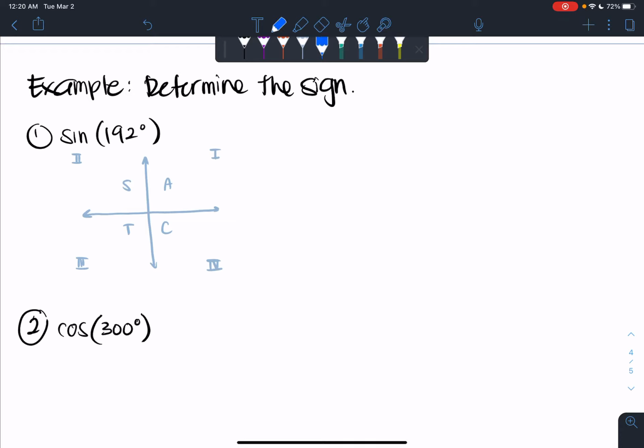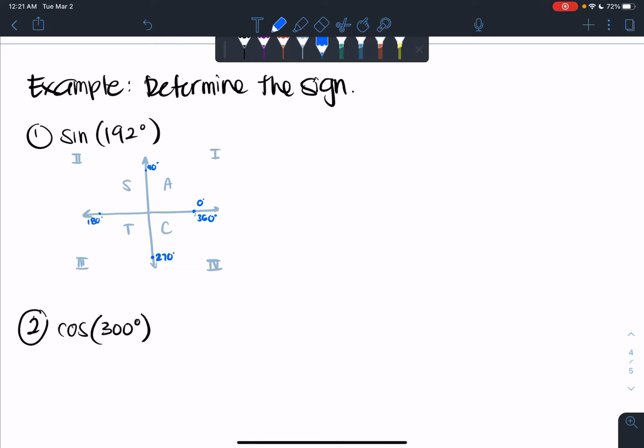And now we also want to remind ourselves what degree measures lie on our axes. So this is 0 degrees, 90 degrees, 180 degrees, and 270 degrees here. And don't forget, if we go back up, this is 360 degrees.